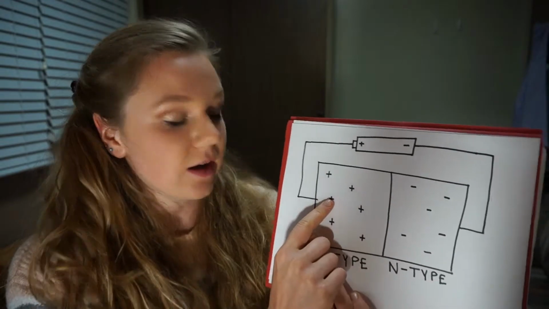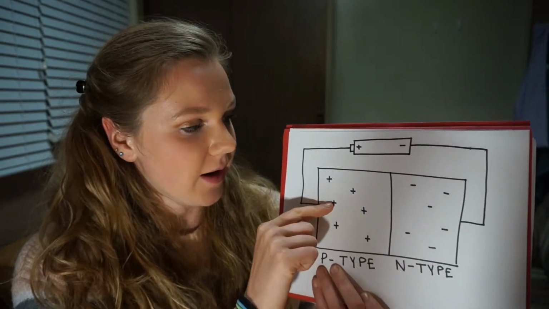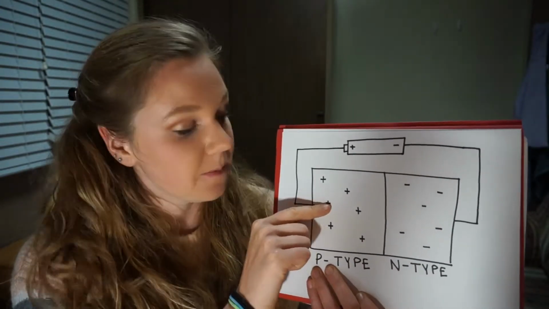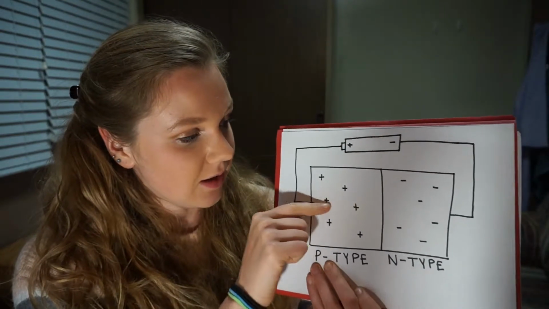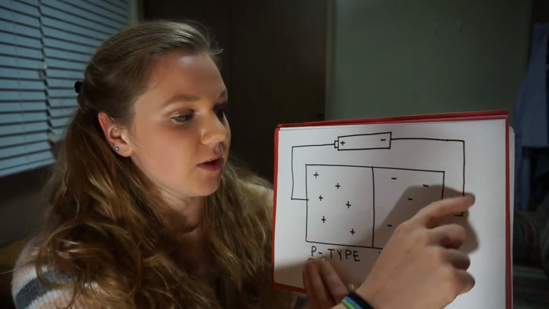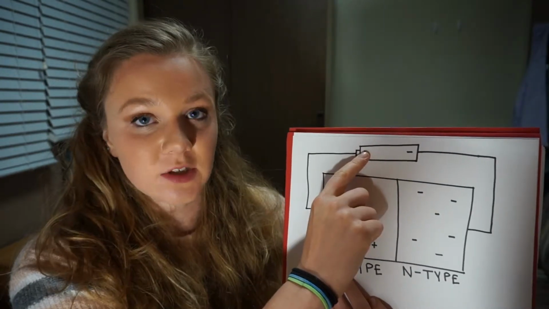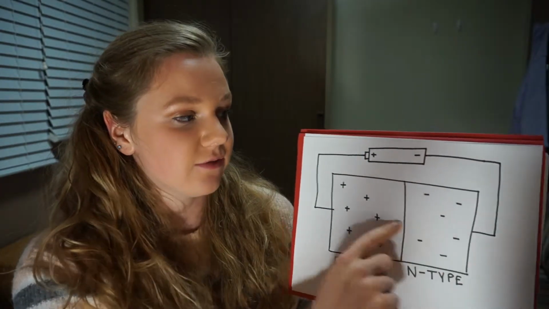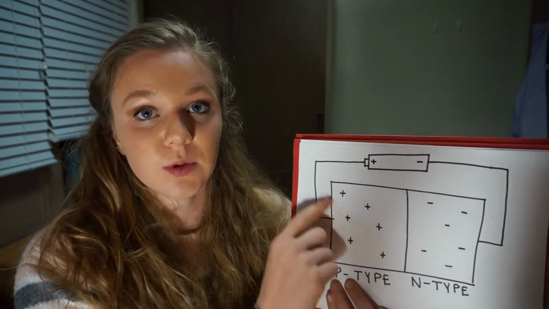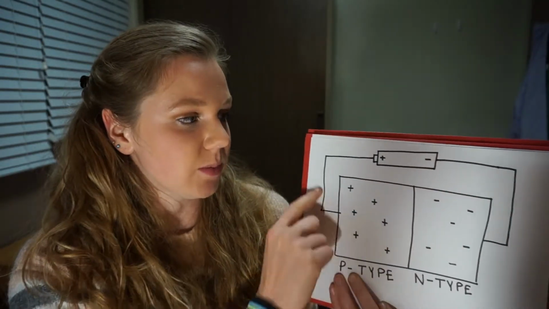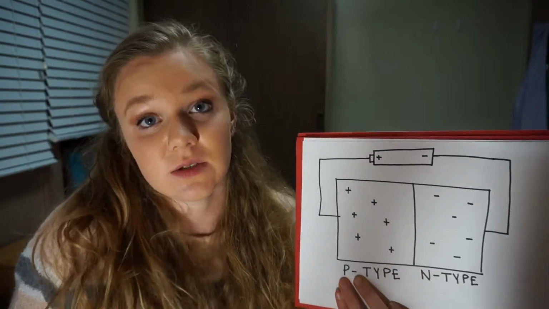Similarly, these holes would be repelled by the positive terminal and would be sent across this way. So we would get a flow of electrons which would jump to the P-type and be attracted to this positive terminal, which would cause a flow of electrons through the system in this sort of loop as long as the battery continues to have charge.